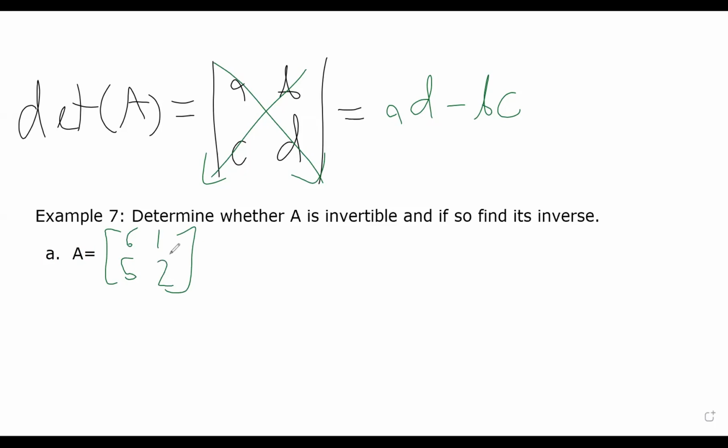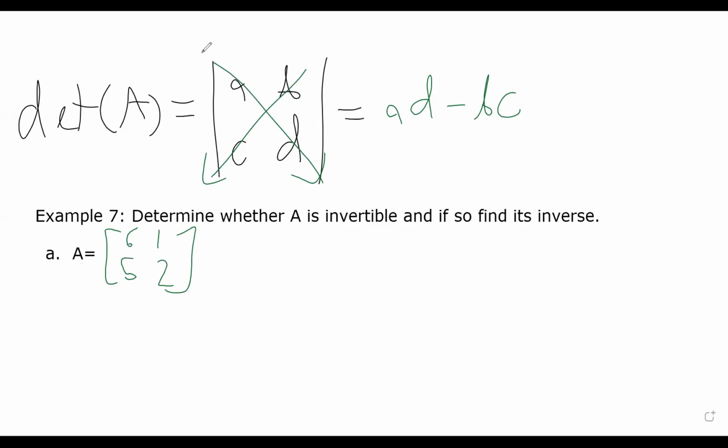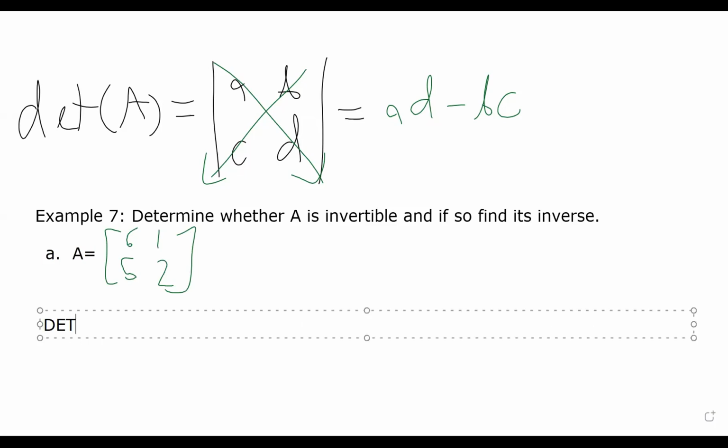To do that, let's find the determinant of the matrix. The determinant of A is equal to, you just cross multiply, 6 times 2 minus 1 times 5.